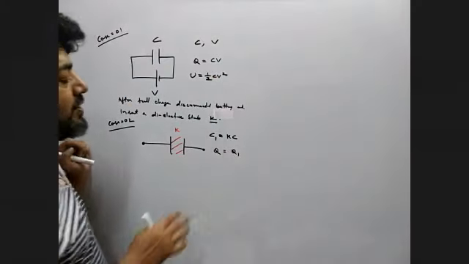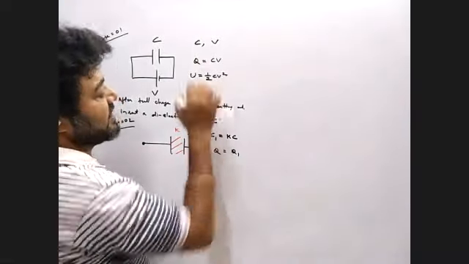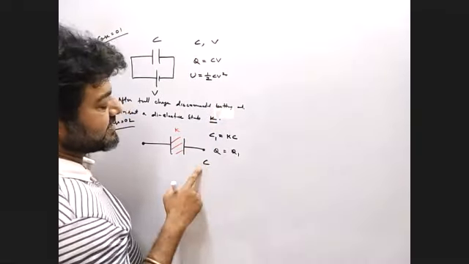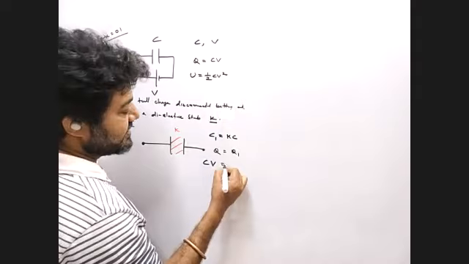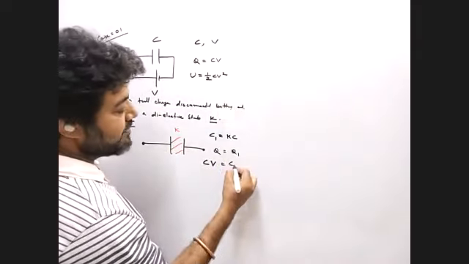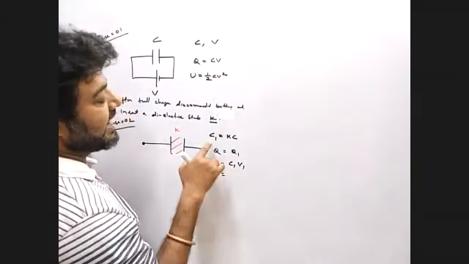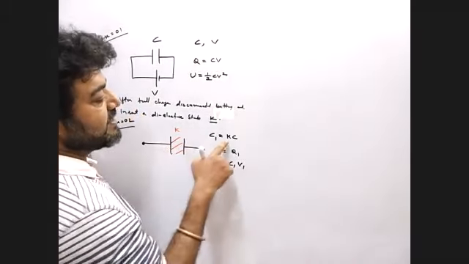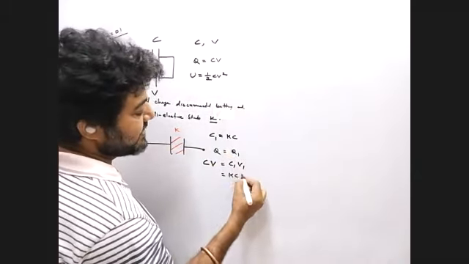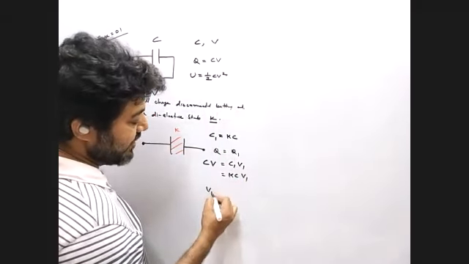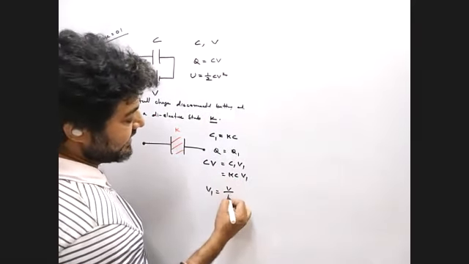From the previous charge, my capacitance is C and voltage is V, but now my capacitance is C1 and voltage is V1. As we insert the slab, my capacitance increases K times, so the C cancels and my voltage decreases K times.